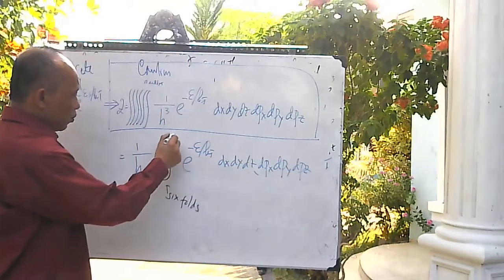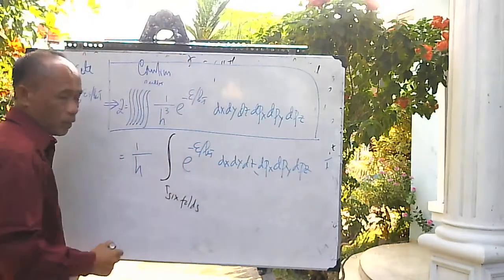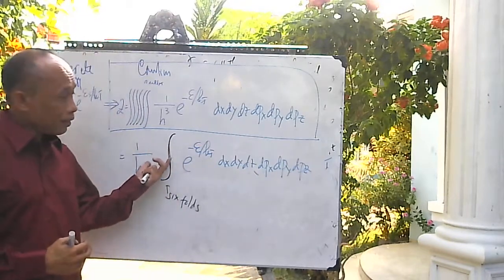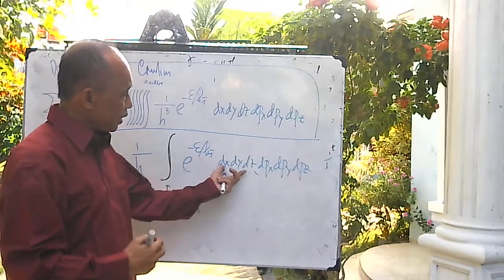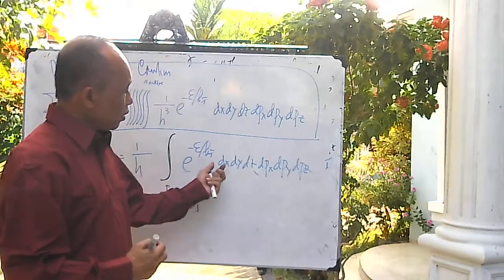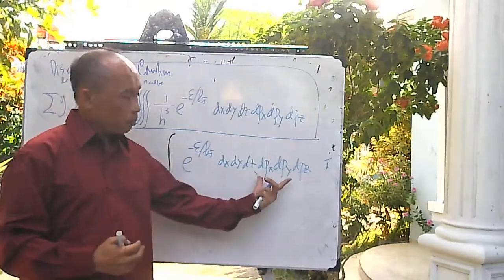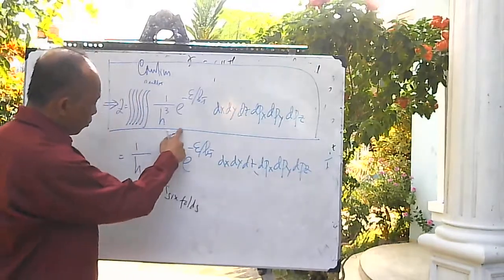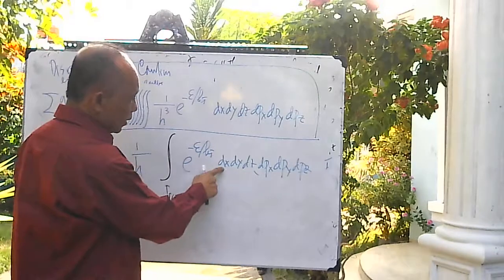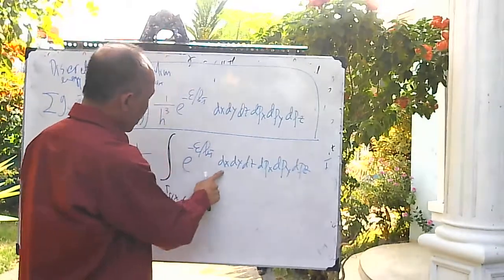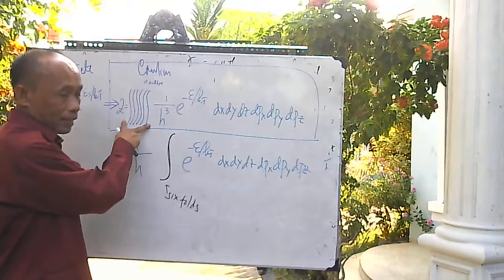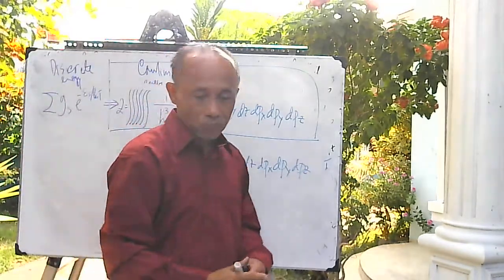So even if we write only one symbol, the meaning is a six-fold integral over six coordinates in space and momentum.